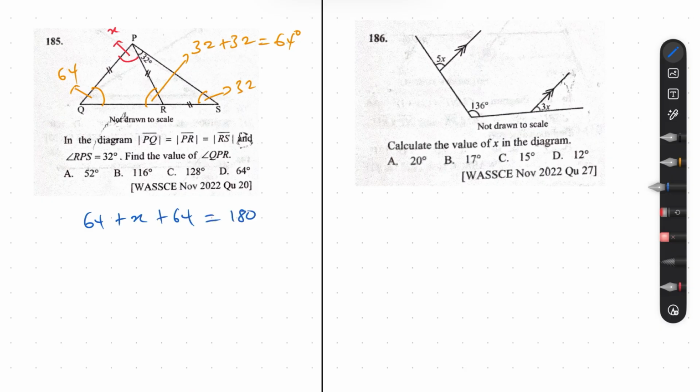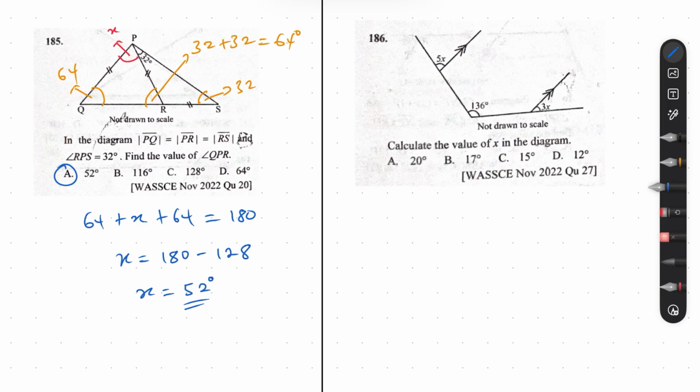How come? Because the sum of interior angles of a triangle should give us 180. So we can find X to be 180 minus 128. So X will give us 52 degrees, which is A.